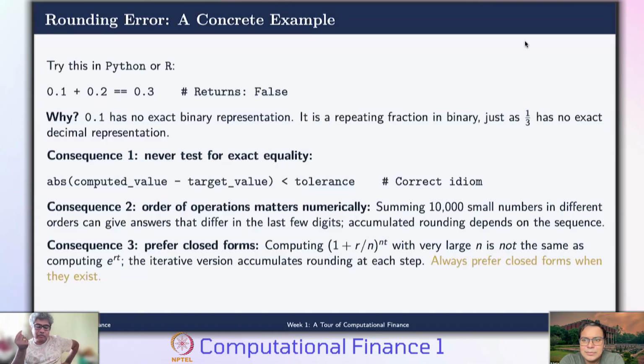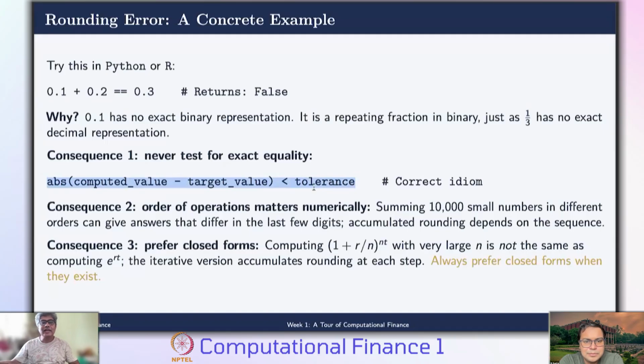We have to be cognizant that when we are dealing with fractions and decimal numbers in a computer, we have to be very careful, and that is why in our algorithms we never test for exact equality, but we test for less than or greater than.